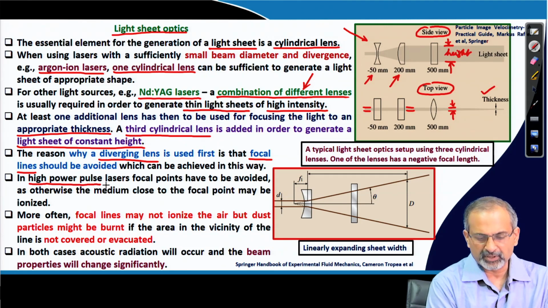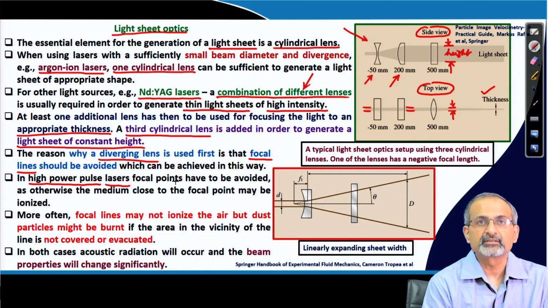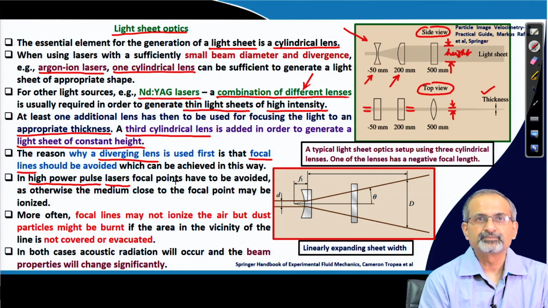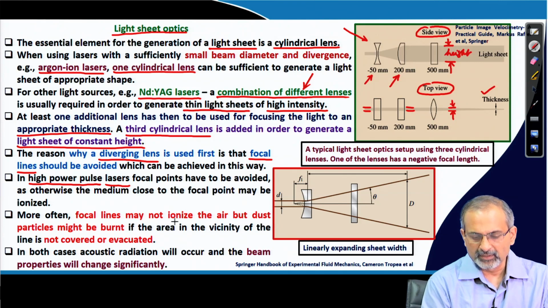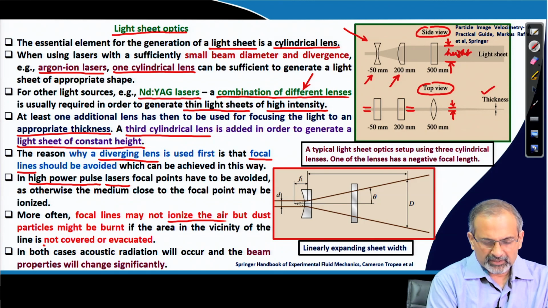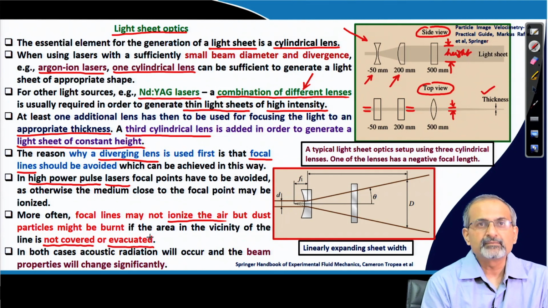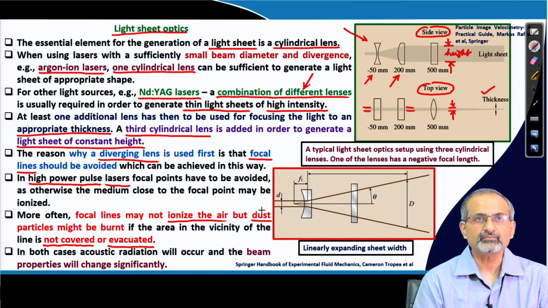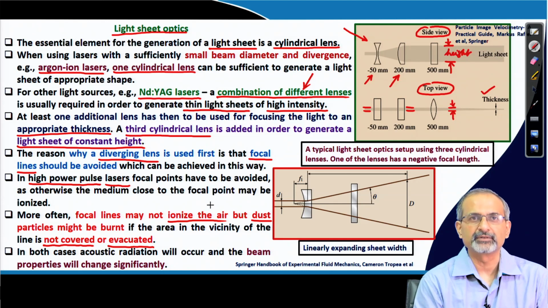Especially in high power pulse lasers, the focal points have to be avoided, because at those locations the medium gets excessively heated, and focal lines may not ionize the air, but they would certainly burn the dust particles which are there in the medium. You need to cover that region well through which the light sheet is moving, or evacuate it, so that you can avoid such happenings. And of course, using a diverging lens reduces that problem to a significant extent.